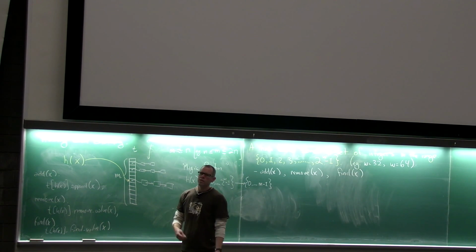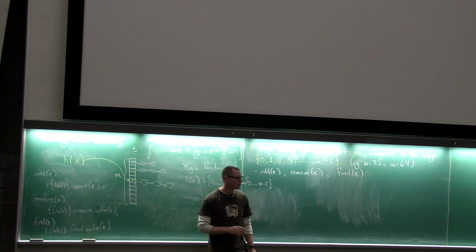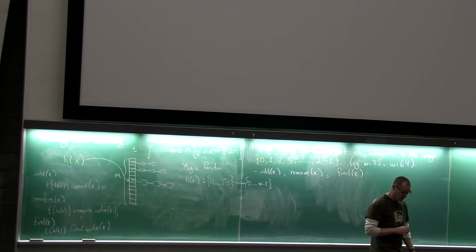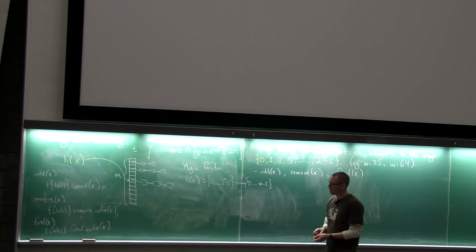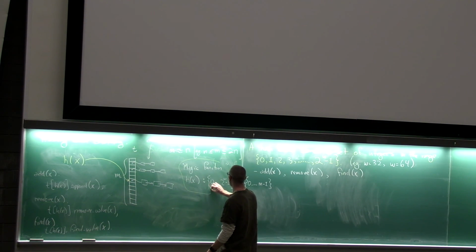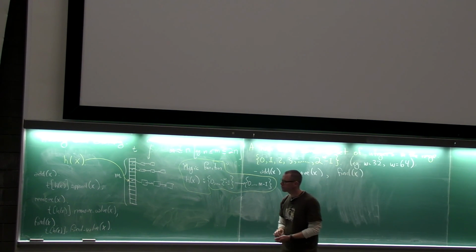I said skip lists were simple, but this is deadly simple. This is incredibly simple. But all of this, of course, relies on this magic function, h of x, that has to do some nice stuff for us.